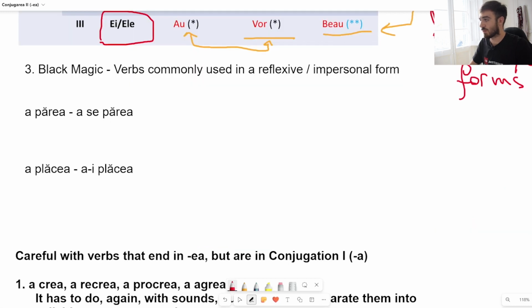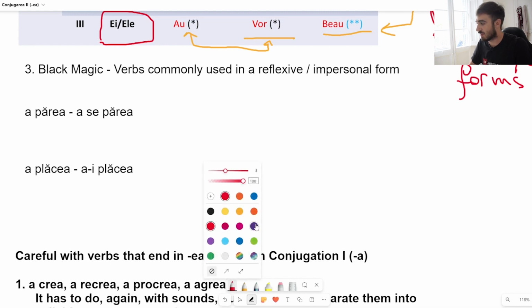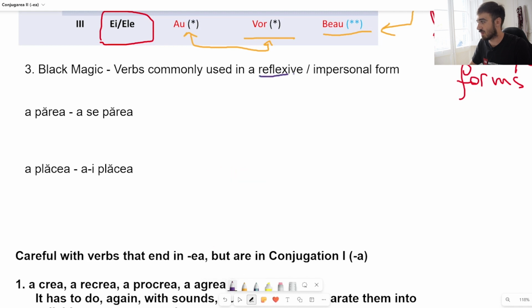Right, so for the third and final point here in terms of how to use EA conjugation verbs, we're talking about black magic. So what does that mean? Verbs commonly used in a reflexive or impersonal form. Just to make this a bit more clear, even though probably this will not mean much right now, reflexive apărea, which is a se apărea, and this makes it reflexive.